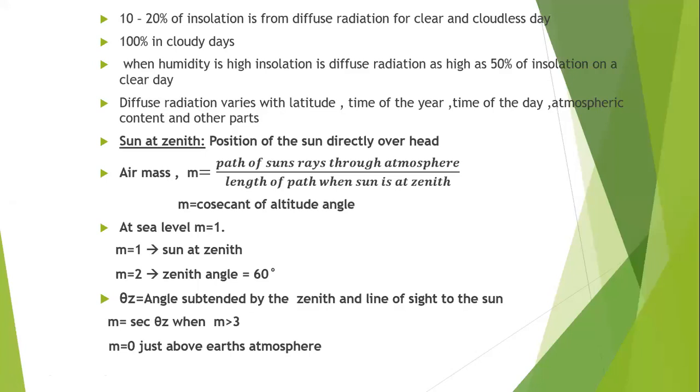So the insolation on a clear or cloudless day, about 10 to 20% of the insolation is from diffuse radiation we are getting. Okay, so out of 100% on a clear day, the insolation from diffuse radiation is in a percentage of 10 to 20%.